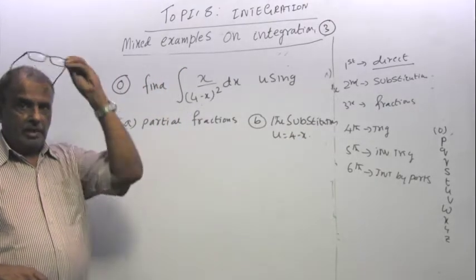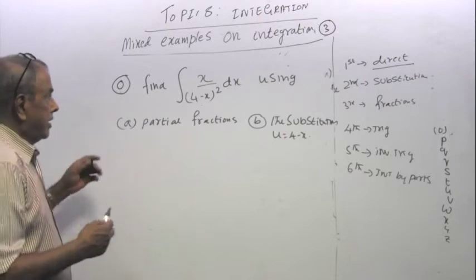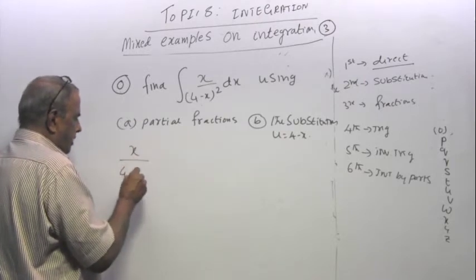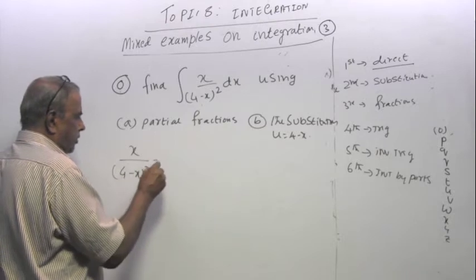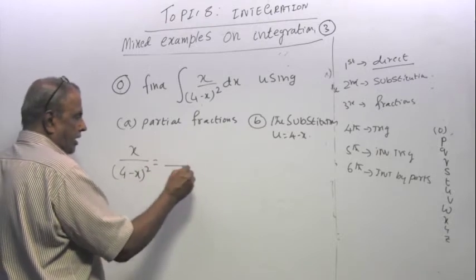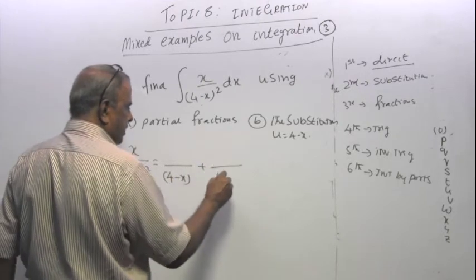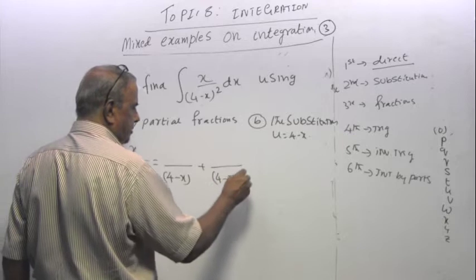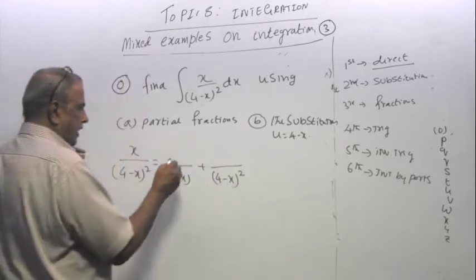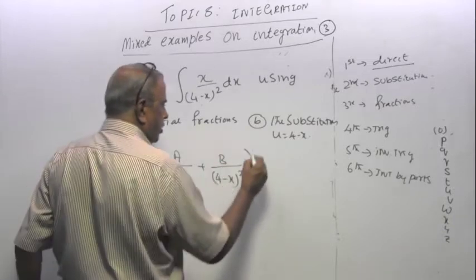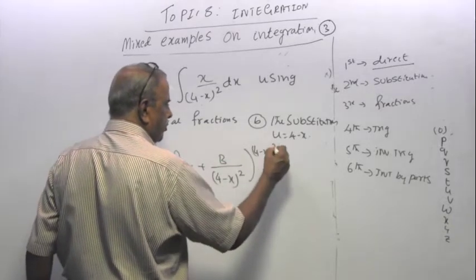Yeah, let's do them. So let's do partial fractions. x over (4 minus x) the whole squared equals, look, it's a whole square, so one fraction with 4 minus x, another fraction with (4 minus x) the whole square. So that's A, that's B. Multiply throughout by (4 minus x) the whole squared.